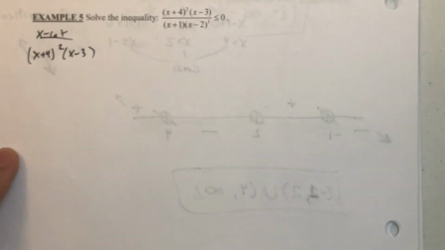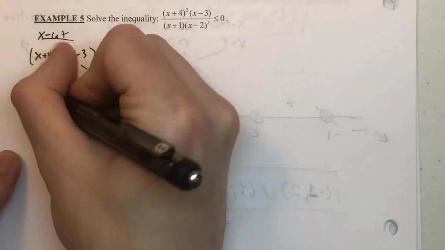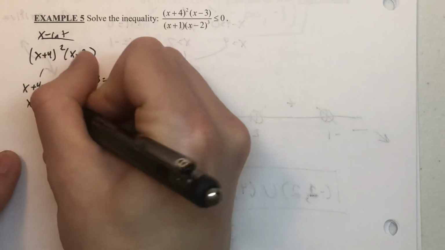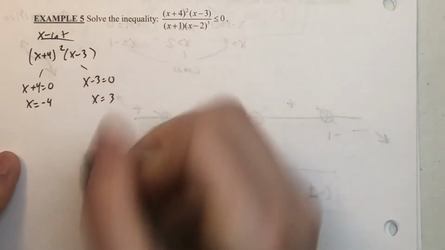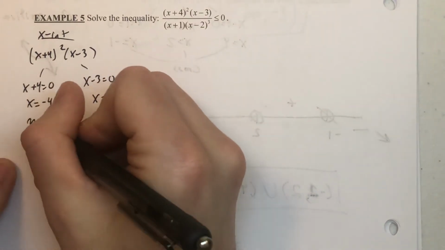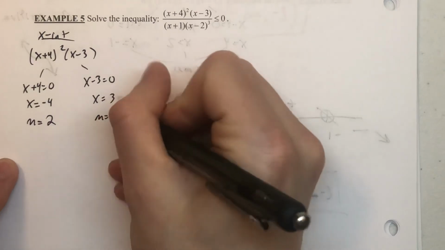So we're getting x plus 4 equals 0, x minus 3 equals 0. So we're getting negative 4 and positive 3. Now, this negative 4 has a multiplicity of 2. This one, multiplicity of 1.